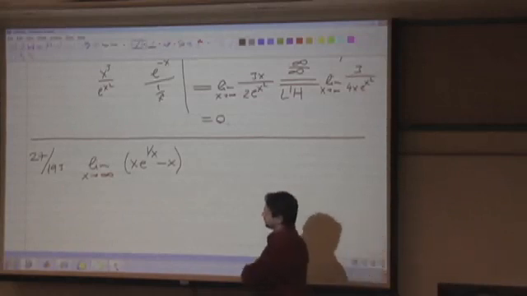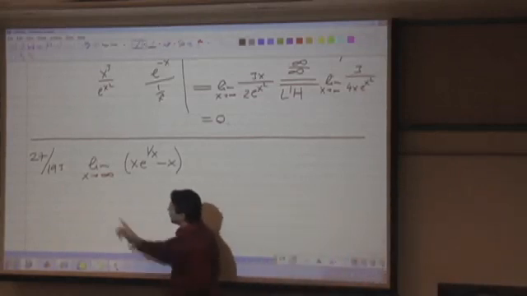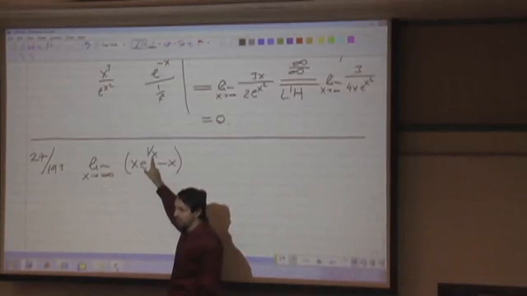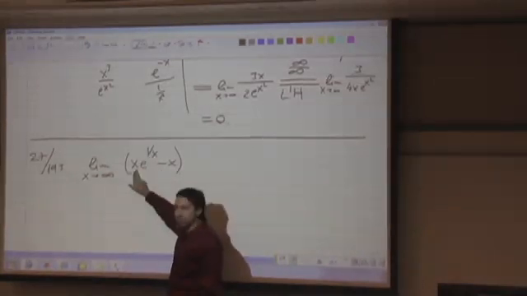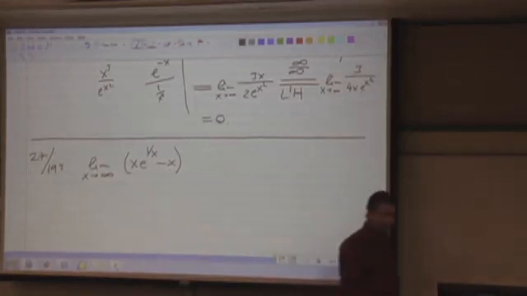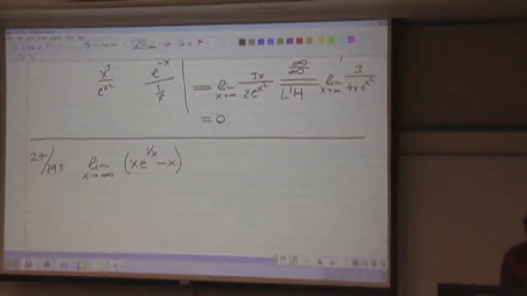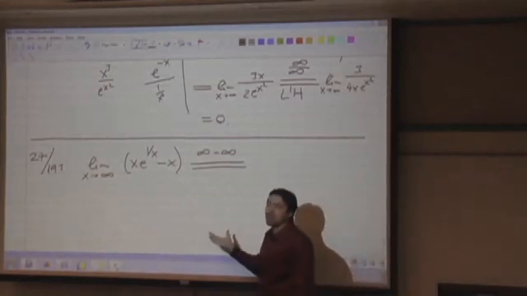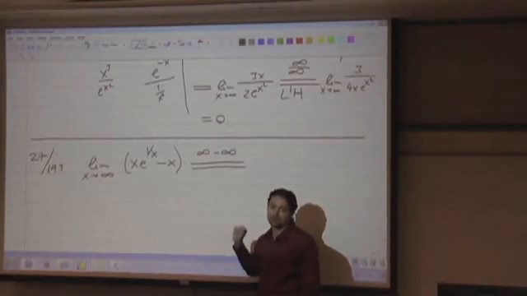Well, you have to be careful. Put in infinity for x. You get infinity times e to 1 over infinity, which is e to the 0, which is 1. So I end up with infinity minus infinity. Right? Is that making sense? So now how do we approach this particular type of indeterminate form?